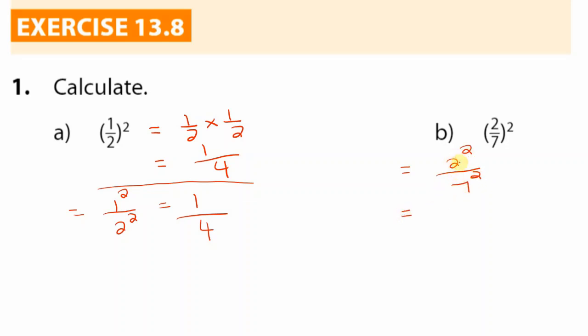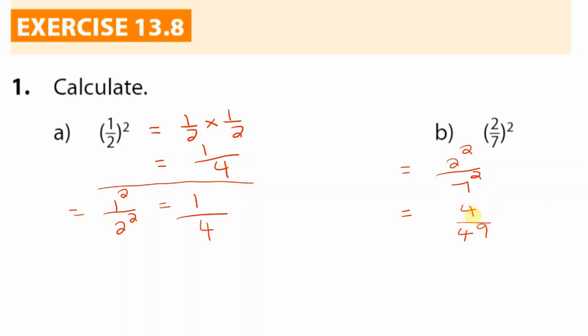And now 2 squared we know is the same as 2 times 2, which is 4. 7 times 7 is 49. So we end up with 4 49ths.